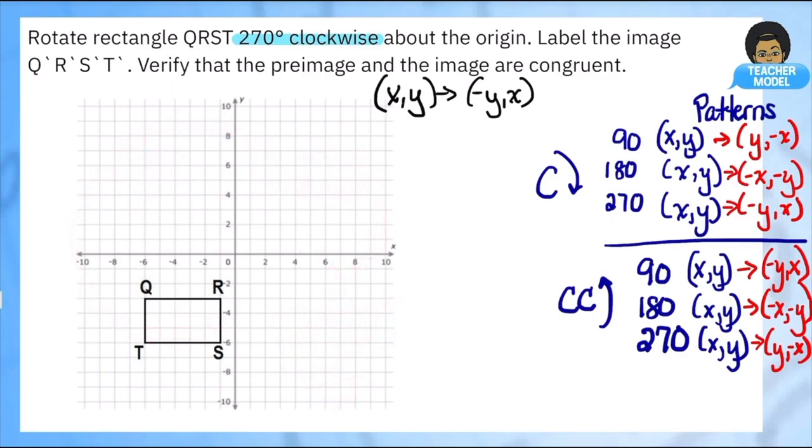So I'm going to try and use this generalization to figure out the points before I actually graph them, without moving the page. Let's start listing the points first. I'm going to list Q, which starts off at -6, -3. Then we have R, which is at -1, -3.